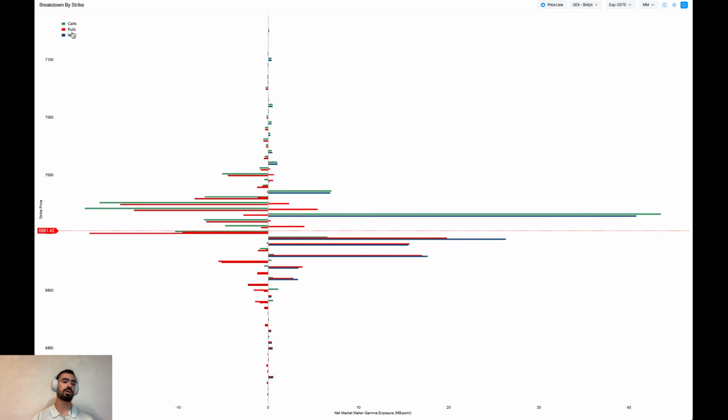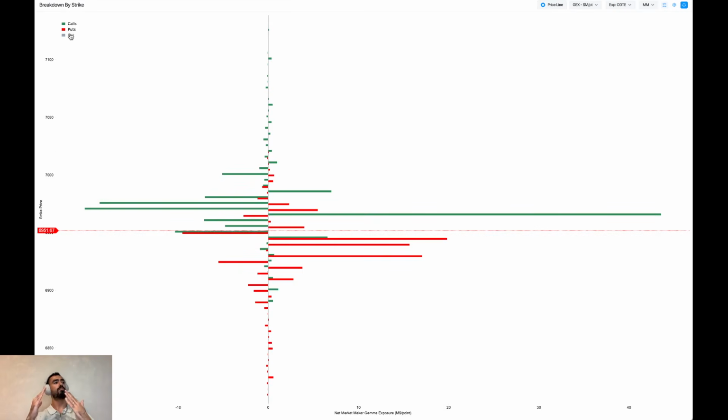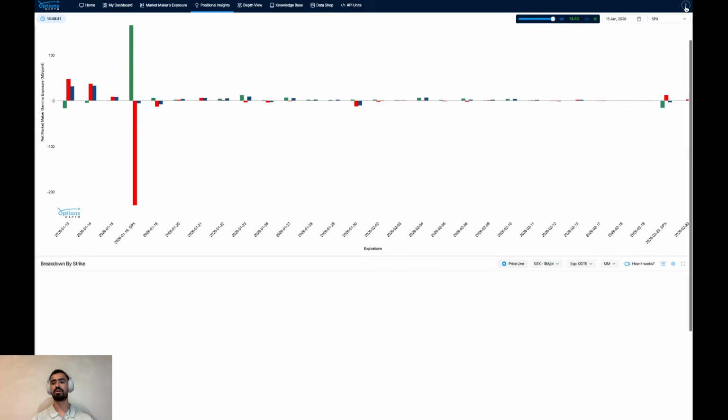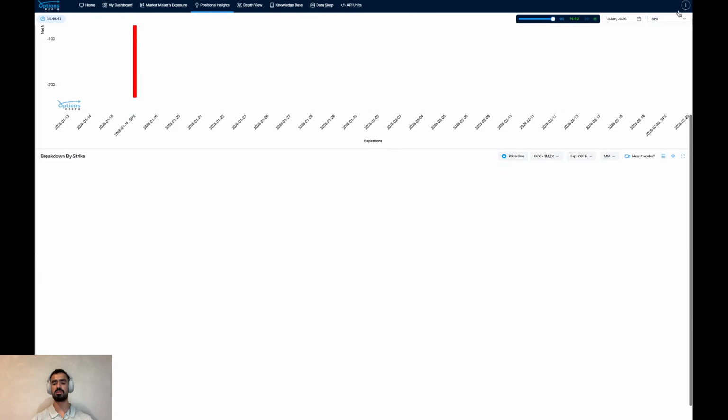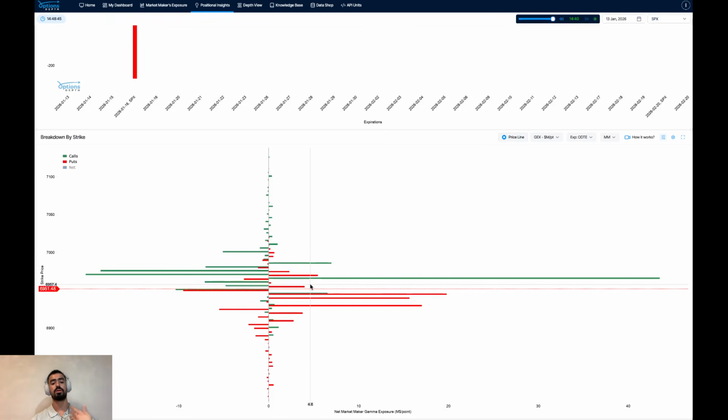The breakdown by strike tells you exactly what is the contribution of a specific strike price at the current timestamp. So right now the data is as of 2:40. This was the latest update. So as of 2:40, at the current spot price at that time, this was the actual gamma exposure contribution of each respective strike price.